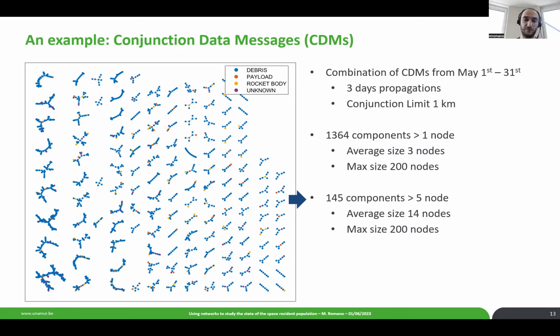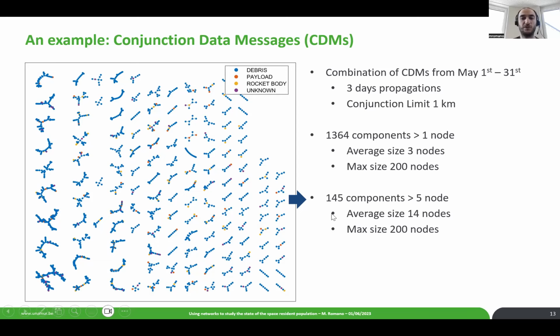And so we have different components. If we exclude, of course, all the isolated nodes, we have in here for this kind of simulation more than 1,300 components with actual size very small, because these suggest that most of them are just couples, two-satellite interactions, that simply encounter each other and no one else.